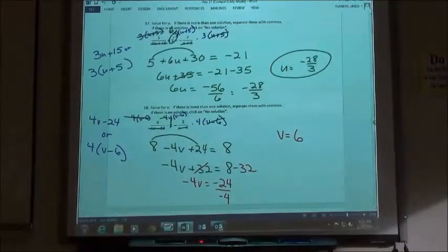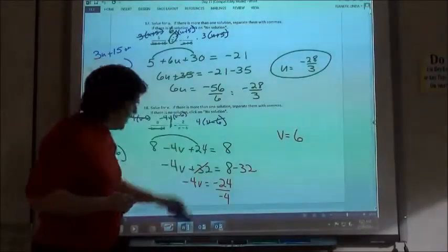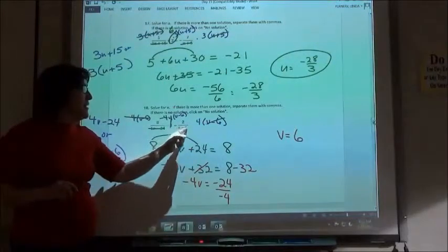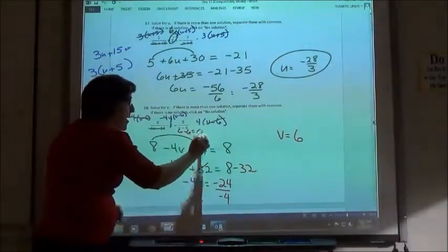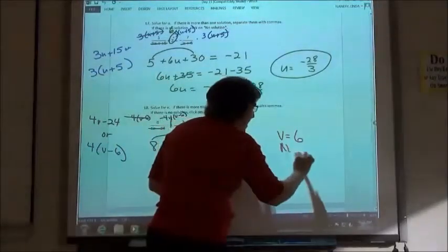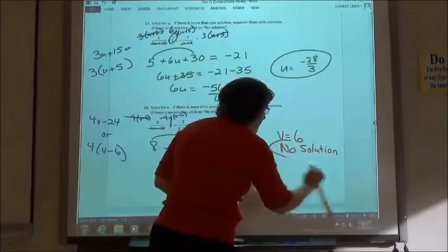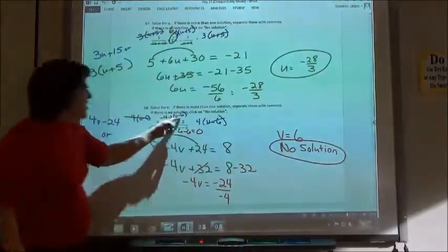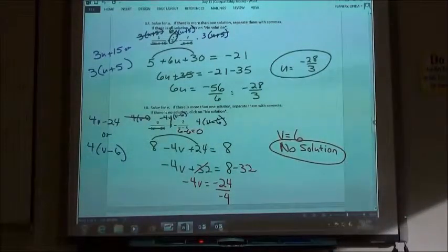And so, if I put my 6 in here, I'm going to have 6 minus 6, which is 0. And so, I can't have that answer, because division by 0 is undefined. Any other whole number would have been okay. 6 is the only one on this problem I can't have.